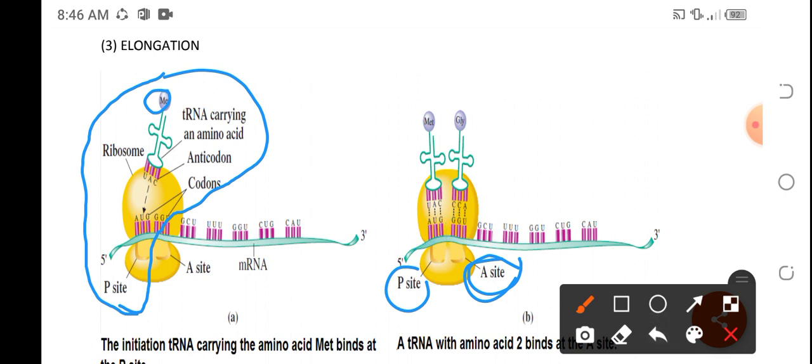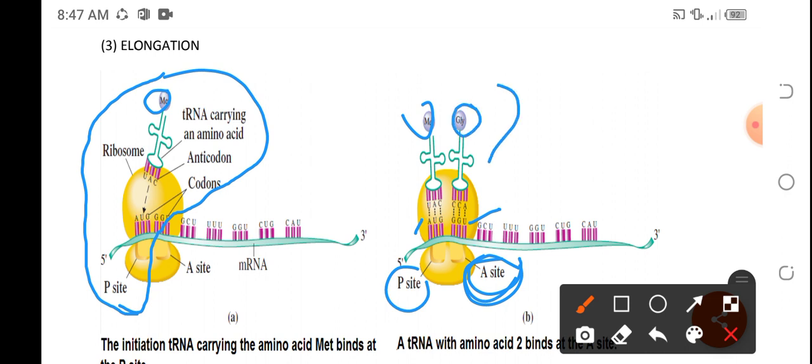So earlier, AUG was the first codon, and methionine is there, because the tRNA with methionine arrived. At the A site, its amino acid will now be detected. So this is GGU, and it codes for glycine.